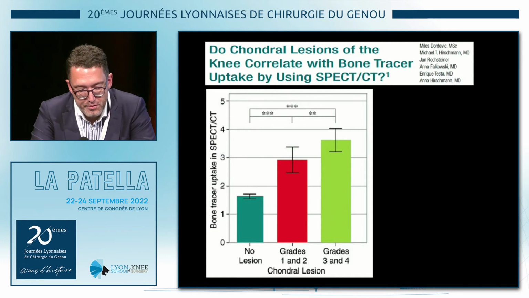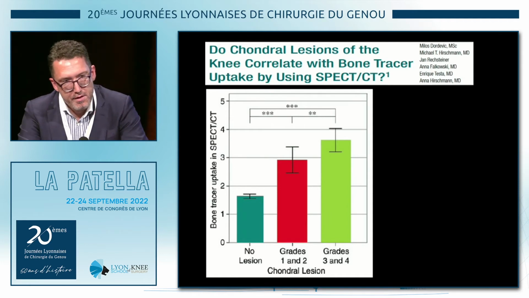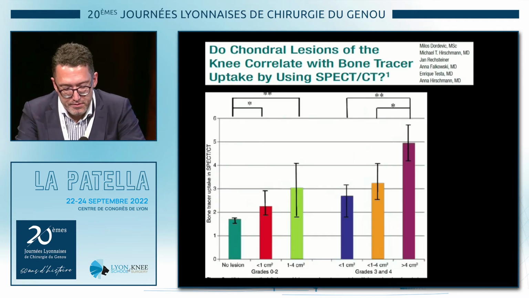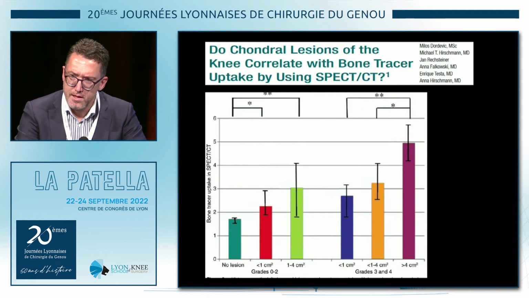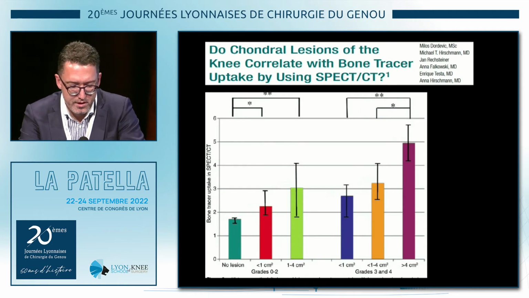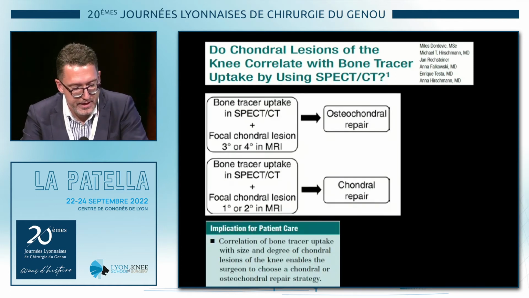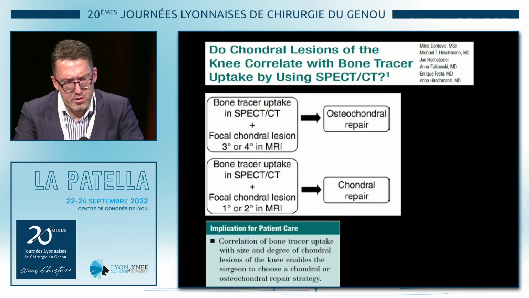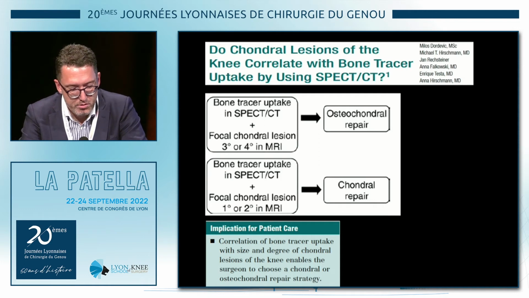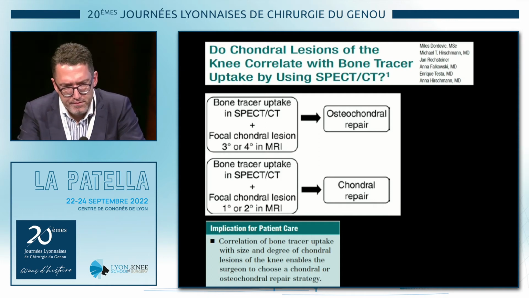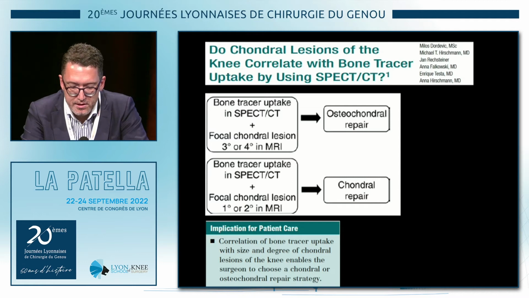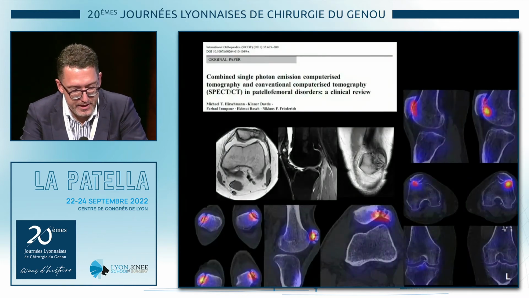Grade 1 and 2, you have more increased BTU, and 3 and 4, you have increased BTU. This is also dependent on the size of the cartilage lesion, as you can see here. So the important information you can gain there is: is this a chondral lesion or is it an osteochondral lesion? And this is very often very difficult with the MRI, and so it adds to this information here.